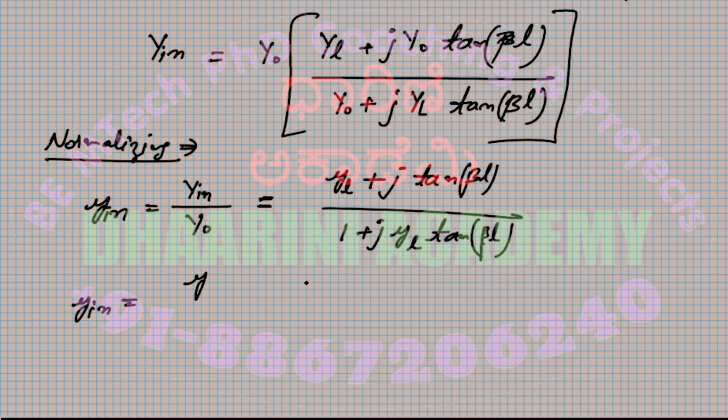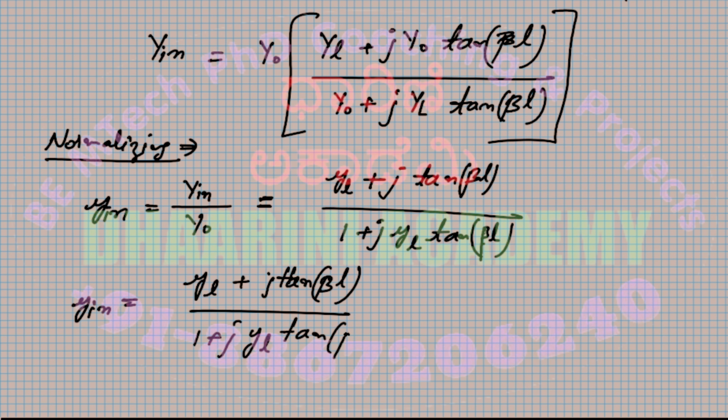So yl plus j times tan beta L, divided by 1 plus j yl tan beta L. Multiply and divide by the conjugate of the denominator, isn't it? 1 minus j times yl tan beta L, you call it rationalization, right?